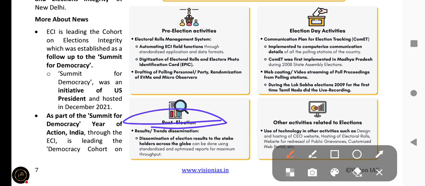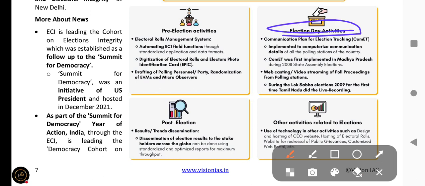And first we can discuss the election day activities during the election time. A communication plan for election tracking was implemented to computerize communication details of all the polling stations of the country.